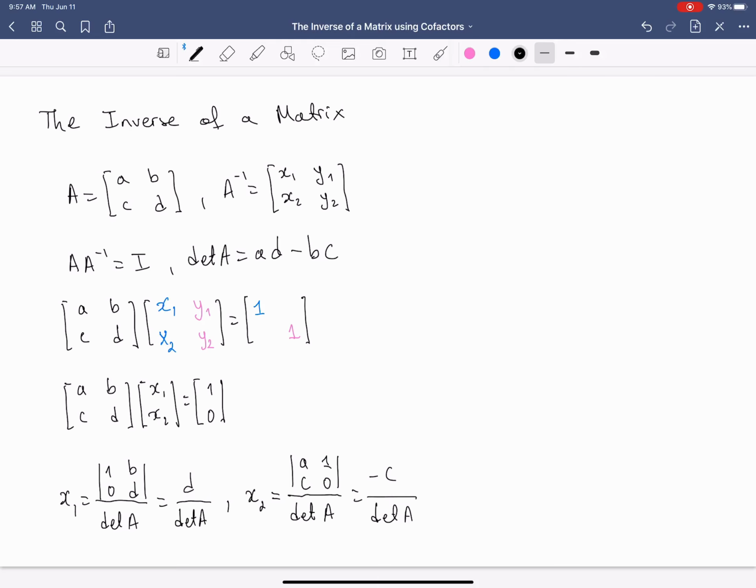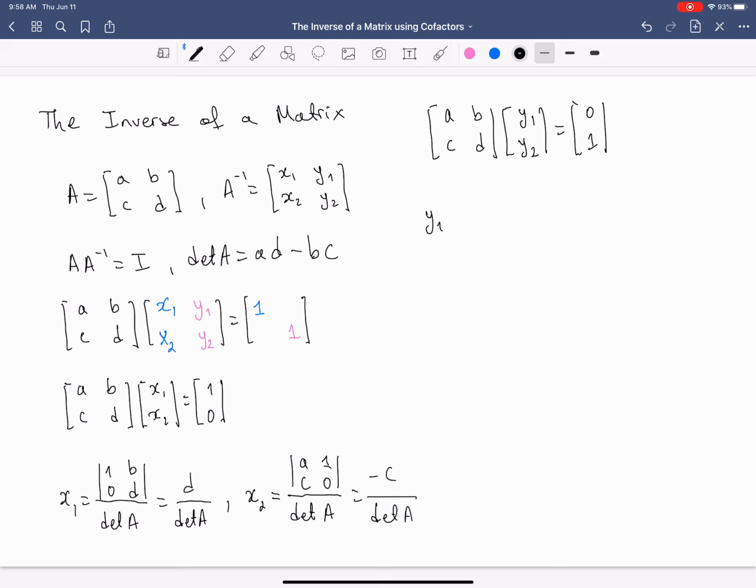Now I write the same thing for y1, y2. We have a, b, c, d times y1, y2. Now it is equal to 0, 1.